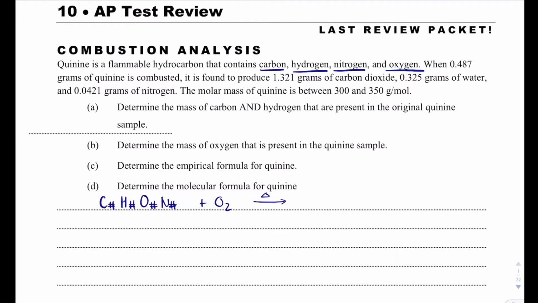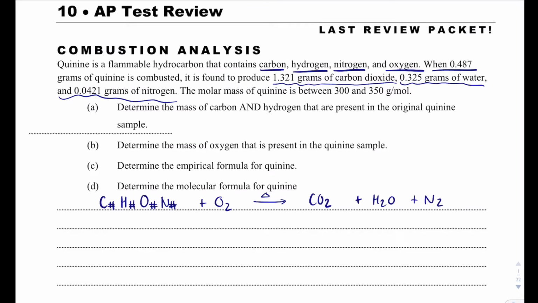When we take 0.487 grams of this hydrocarbon and combust it, we get 1.321 grams of CO2 plus 0.325 grams of water. And then we also get 0.0421 grams of nitrogen.